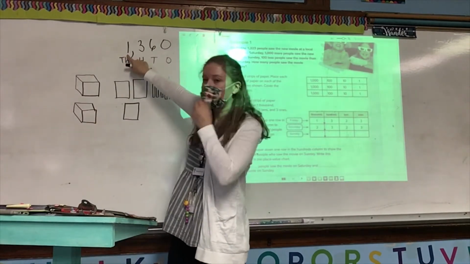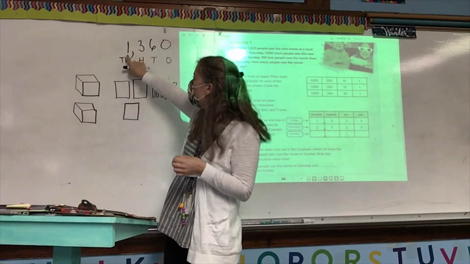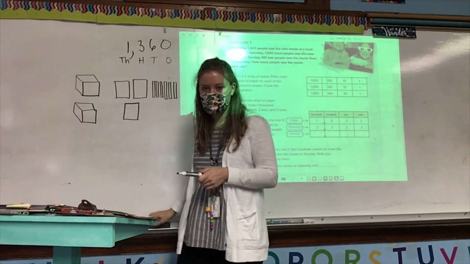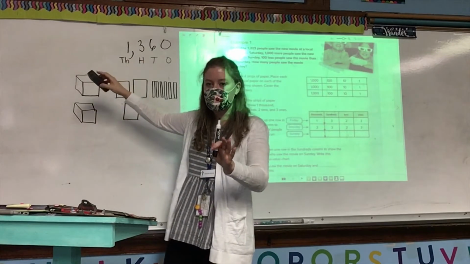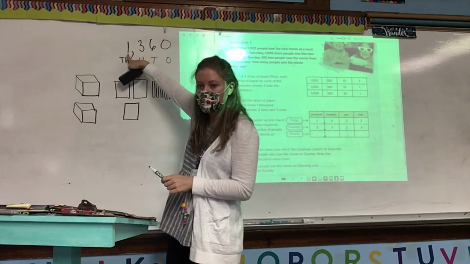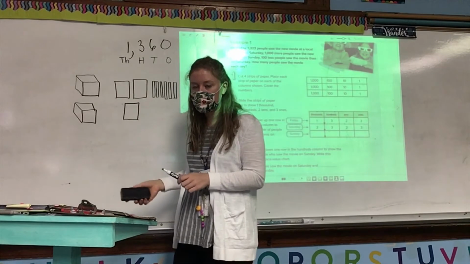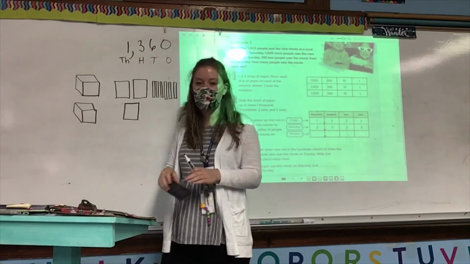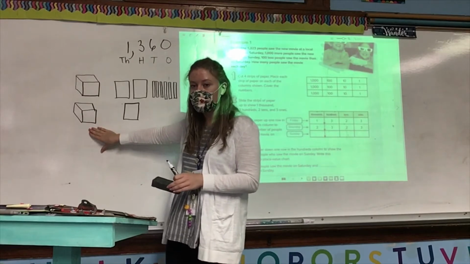Now, Carla, do I still have 1 thousands cube? No, ma'am. How many do I have now? Carla, listen to my question before you keep going. How many thousands cubes do I have now?